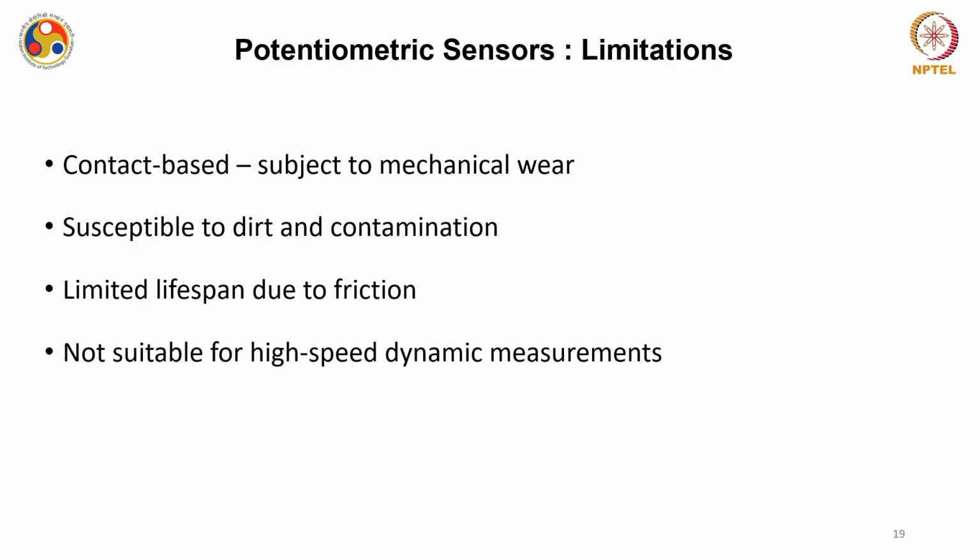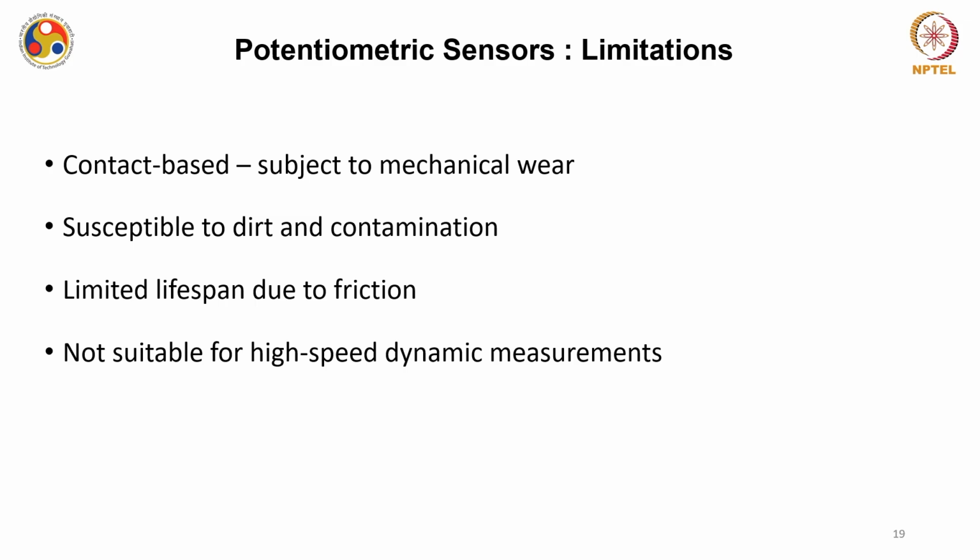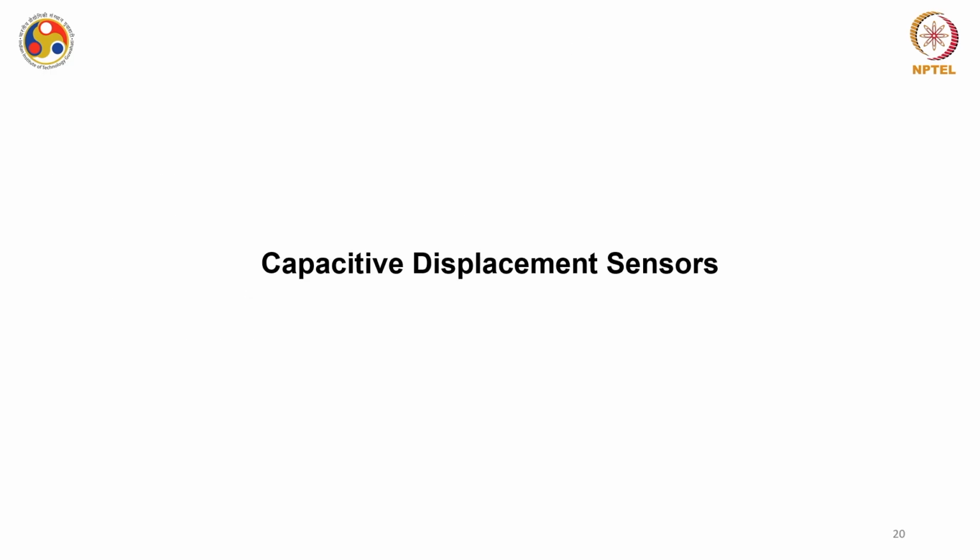The object whose displacement you want to measure has to be in contact, so it is subjected to mechanical wear. They are also susceptible to dirt and contamination because of the wiper and the external ambient involved. Since there is mechanical friction, the lifespan of these devices is limited, and they are not suitable for high speed dynamic measurement. However, for low speed measurement, these devices are very much suitable.